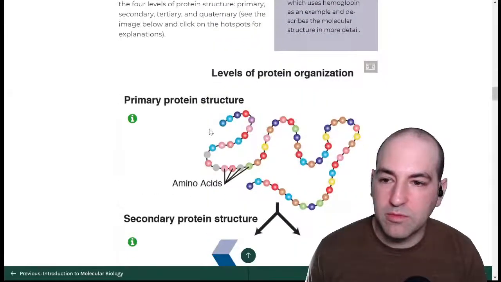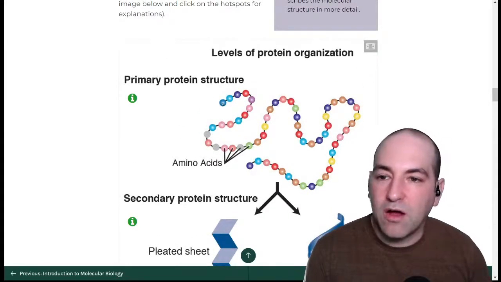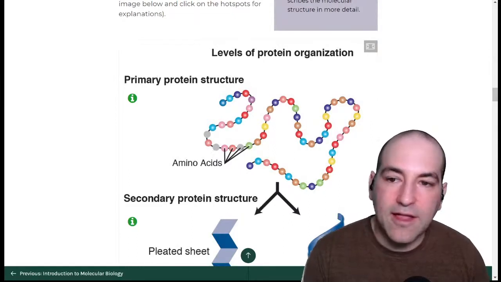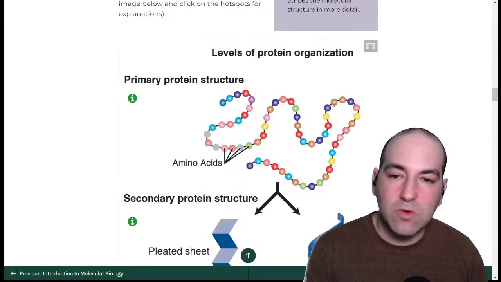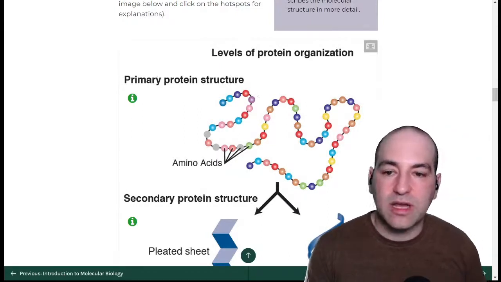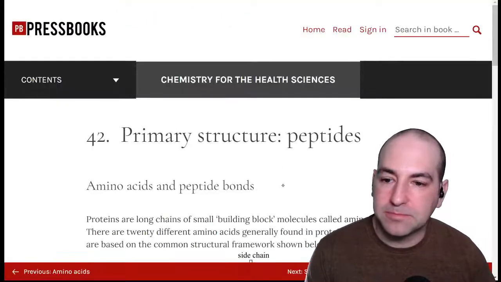There's another book here as well. So here's kind of what happens with the primary protein structure. You've got all these little colored balls here that are different amino acids. And as they connect together, we can do what's called a sequence, and we can say which amino acid is connected to which and in which order. And that's the primary structure right there.